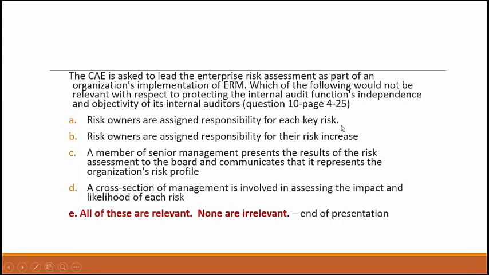Risk owners are assigned responsibility for each key risk. A member of senior management presents the results of the assessment to the board that communicates the results. A cross-section of management is involved in assessing the impact and likelihood of risk. So the issue becomes that all are relevant to the goals of the organization.